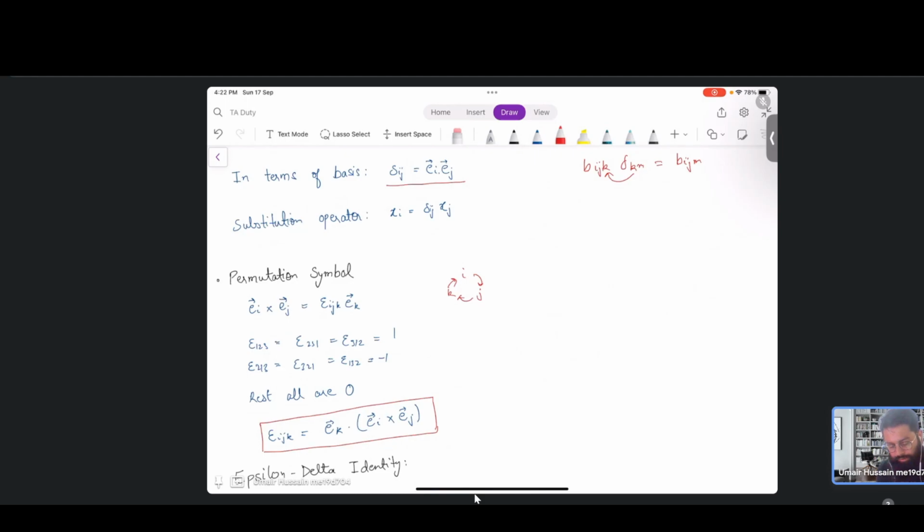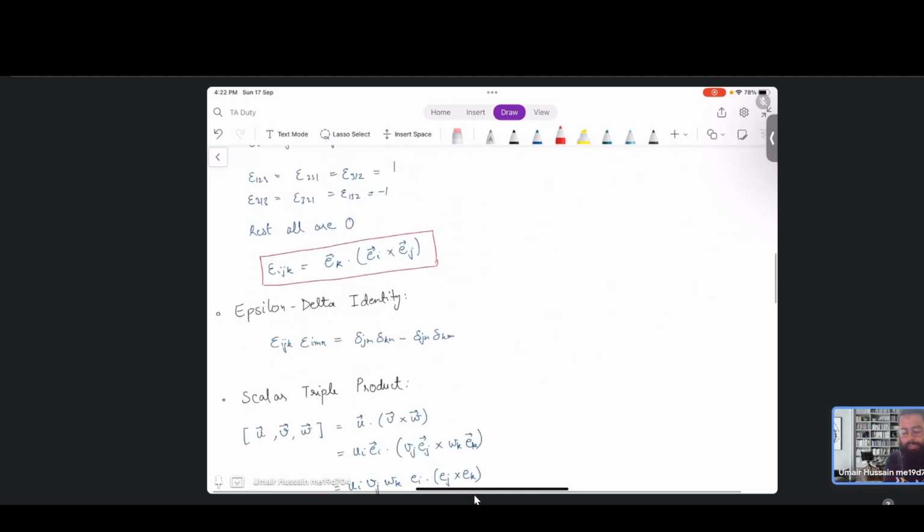So if we have 1 2 3, 2 3 1, 3 1 2, it gives one. But if this cycle is disturbed, if it's in the opposite direction, then we get minus one, and all other entries are zero. If any two of the i, j, k are the same, then we get zero.